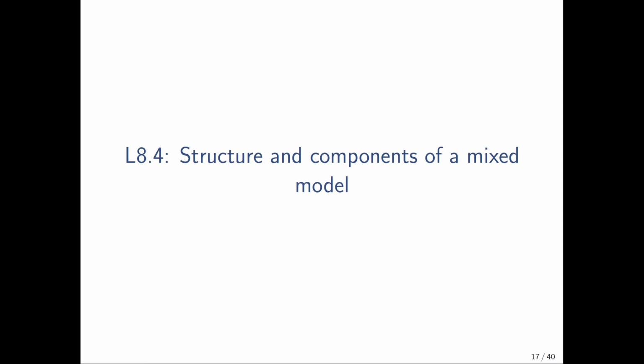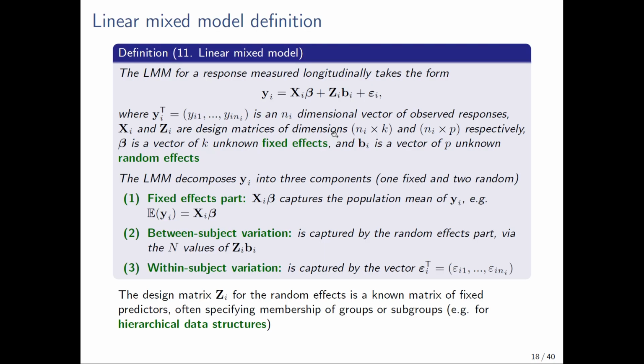Okay, so now let's define the linear mixed model formally, and we'll do so in its general form. The linear mixed model for a response measured longitudinally takes the form y_i equals X_i beta plus Z_i b_i plus the random error epsilon_i. Here, y_i is an n_i-dimensional vector of observed responses for subject i, X_i and Z_i are design matrices, X_i for the fixed effects and Z_i for the random effects.